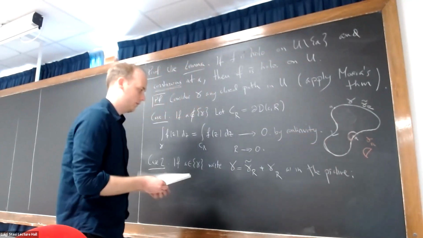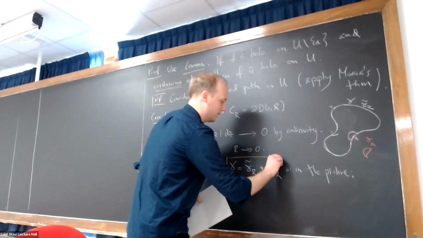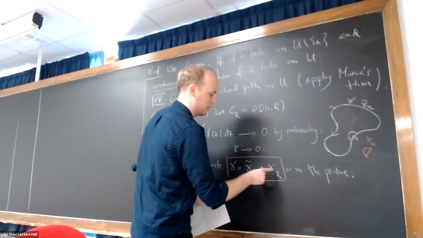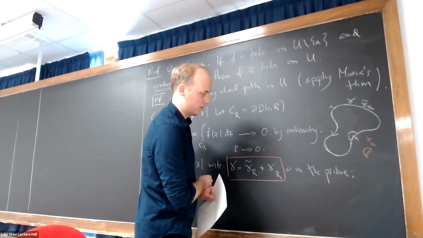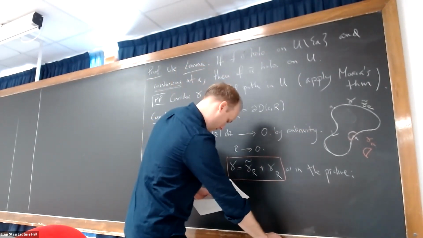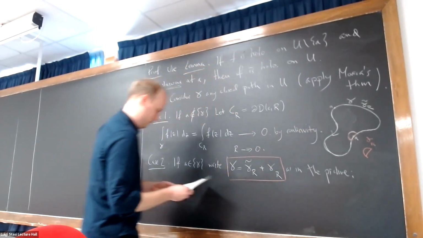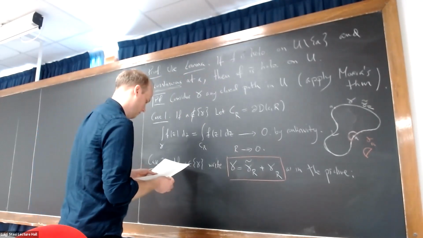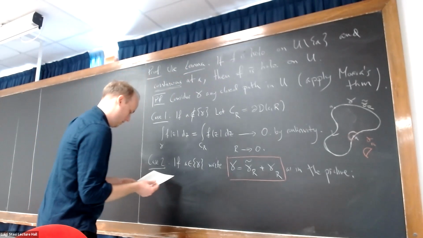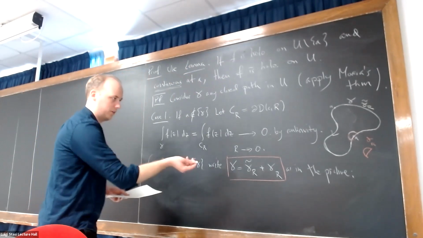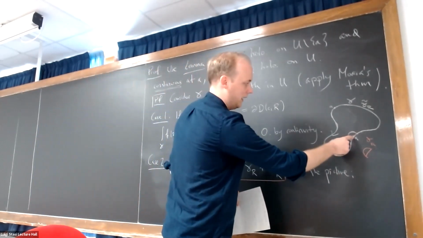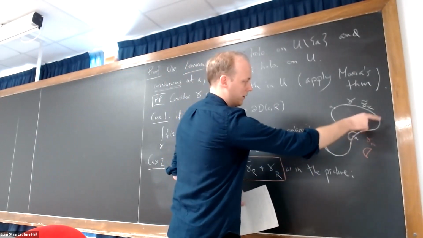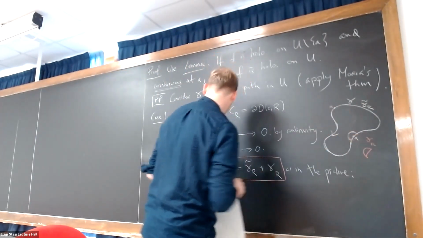And so the statement here, that gamma is equal to gamma tilde r plus gamma r, is going to be true. And then I'm going to shrink this thing again. Okay, so first of all, the first thing to note is that A is outside of the region defined by gamma tilde of r.